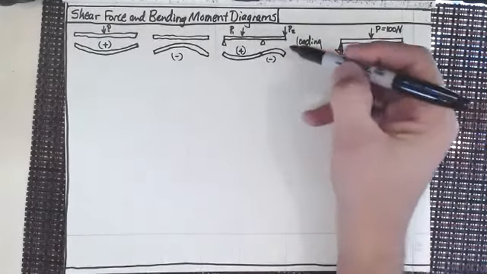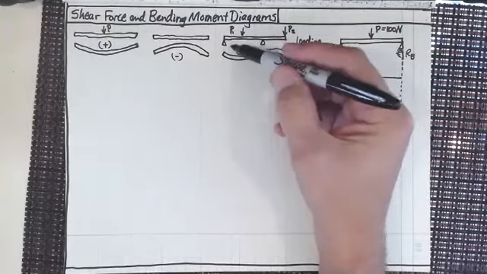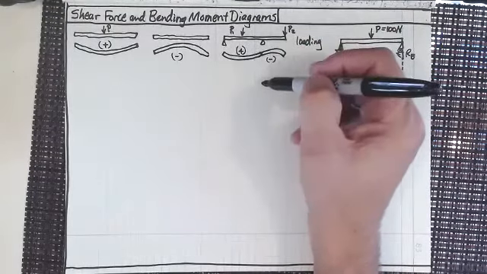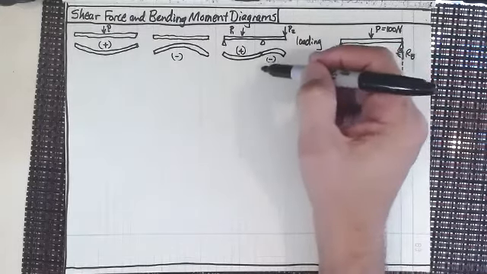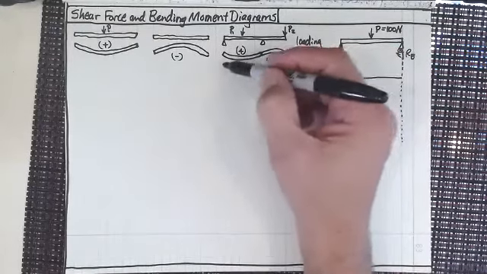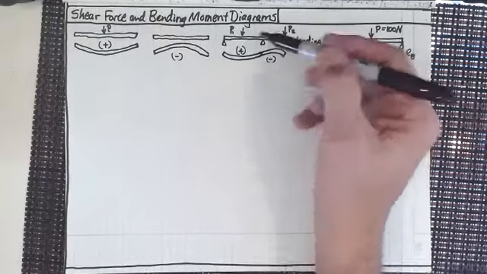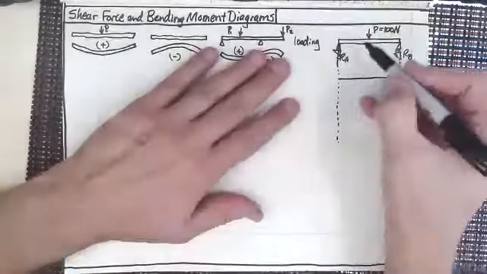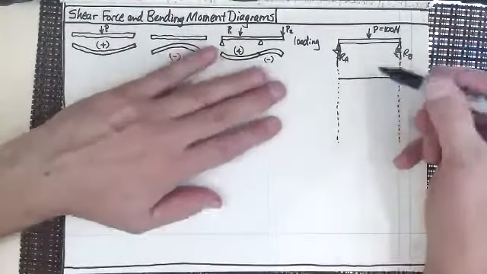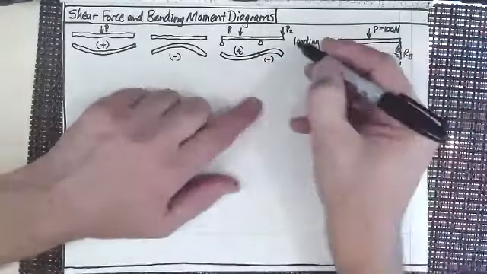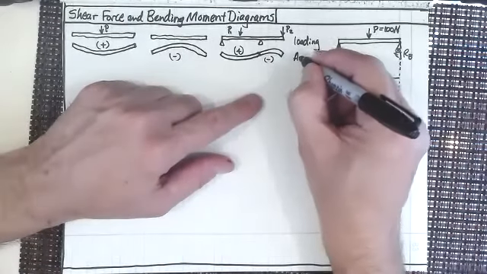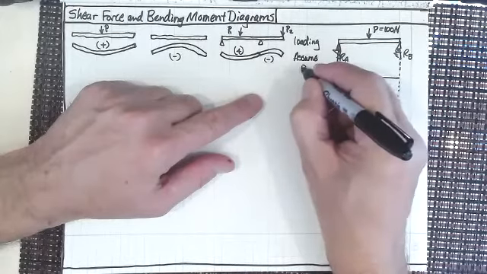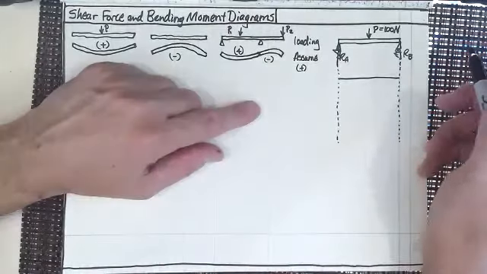On the bending moment diagram, we would assume that in this section the bending moment would be positive, and in this section the bending moment would be negative. So positive bending moment, negative bending moment, negative bending moment, positive bending moment. That's what we want to do. We've got that all set up here, and we'll assume with this loading, just by looking at it, that it's going to be a positive loading, isn't it?